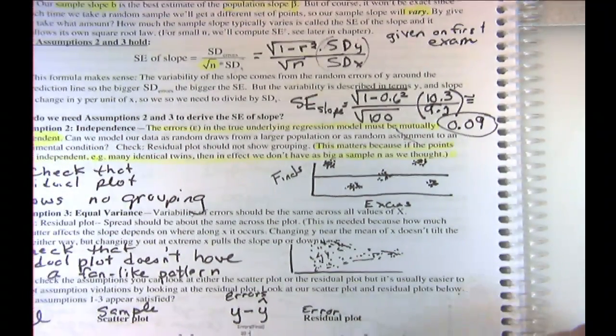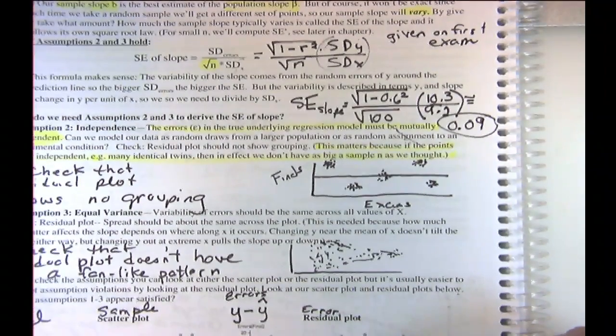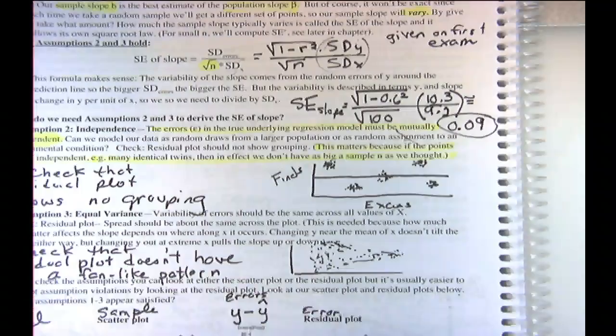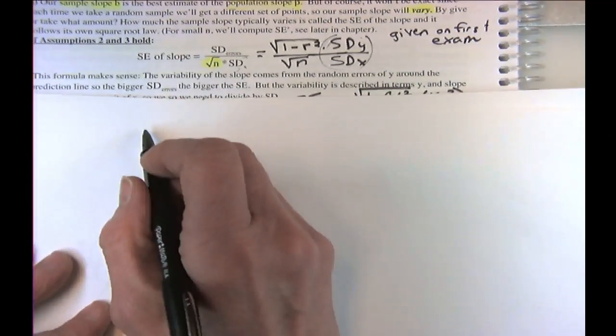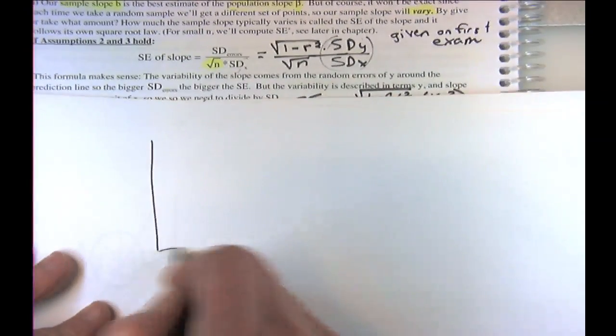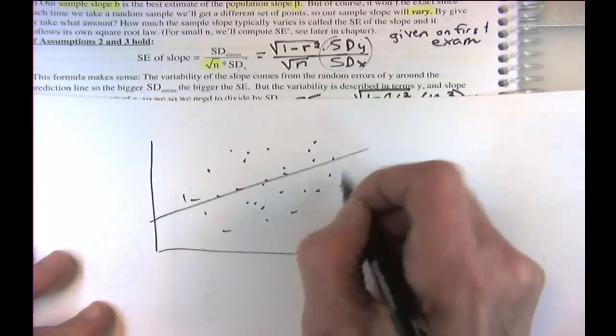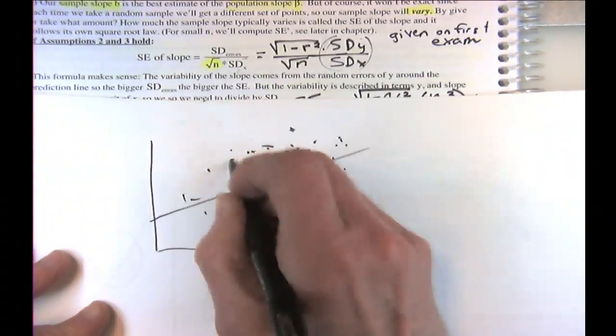Normally distributed errors means that within each little vertical strip in the true population, so you have this true population, right? And we said it would look like this. We don't see it, we don't know it. We have this regression line. What's normally distributed errors mean?